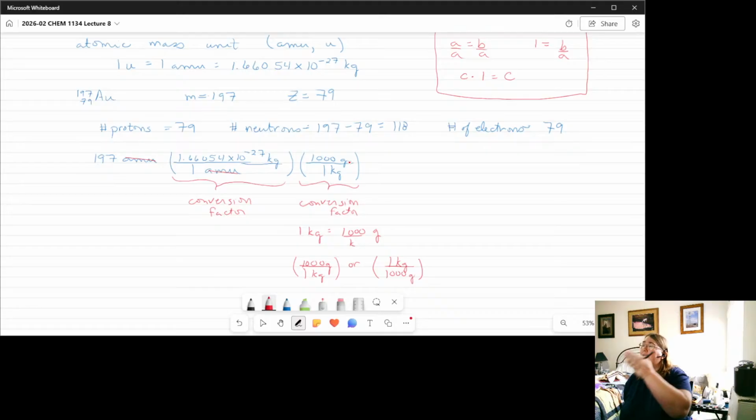That means grams needs to be on top. I have kilograms on top, and I need the kilograms to cancel, so the kilograms need to be on the bottom. This is how you do this. So that gives me 3.2 times 10 to the minus 22 grams.